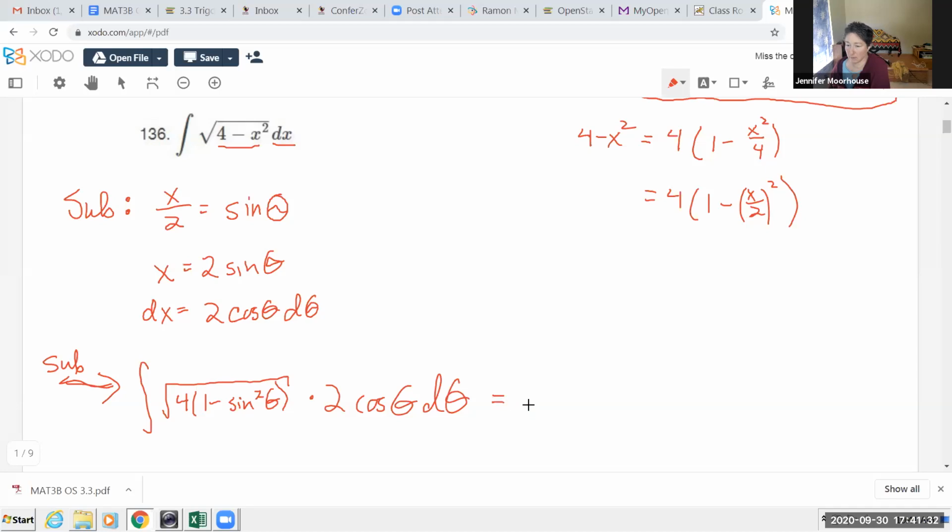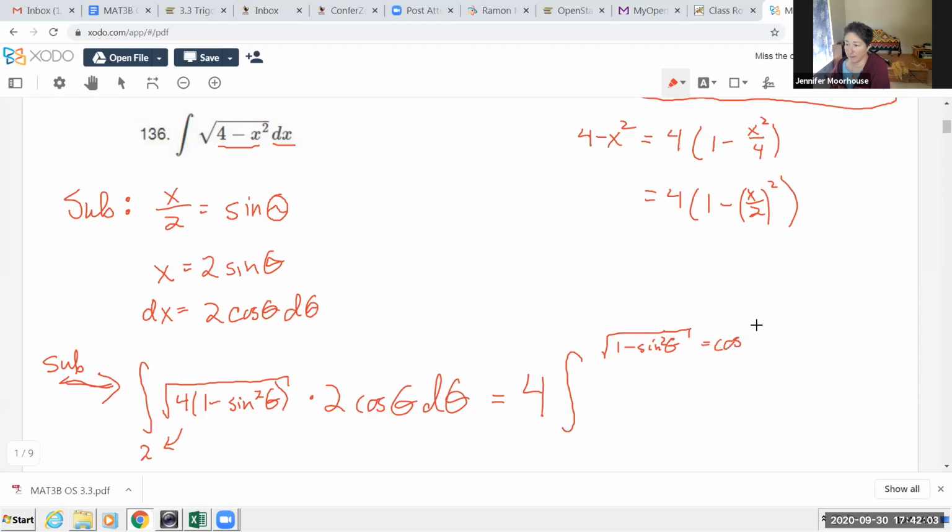Then we're going to clean things up a little bit. That square root of 4 can come out as a 2, and the 2 multiplied by that gives us a 4, and we pull it outside the integral. Then the square root of 1 minus sine squared, that's that identity we wanted to keep in mind.